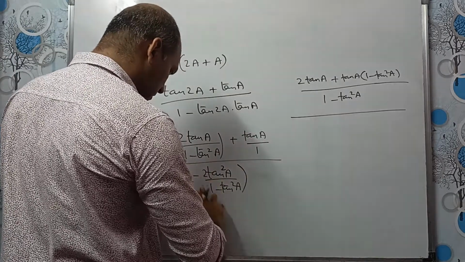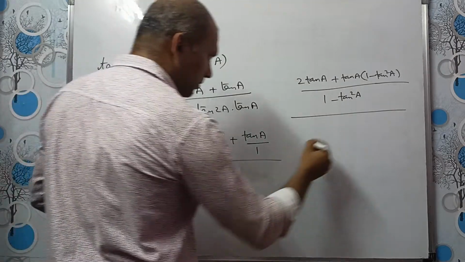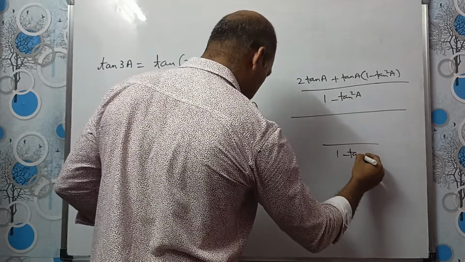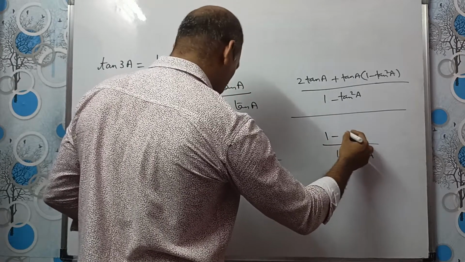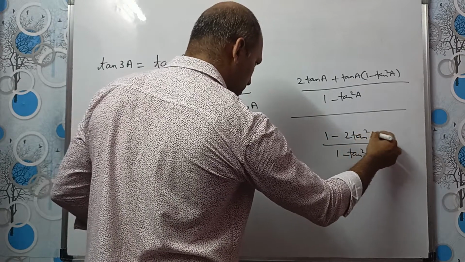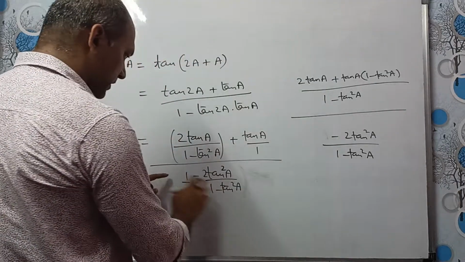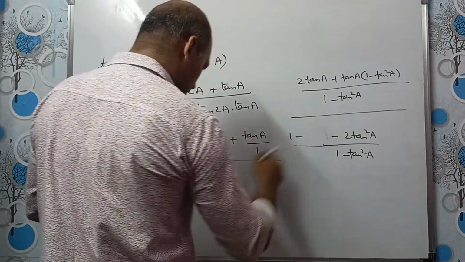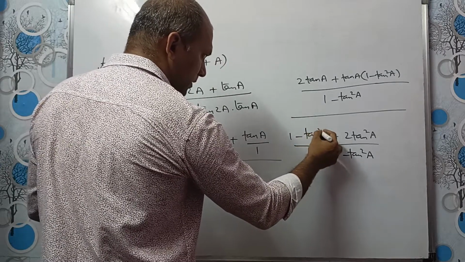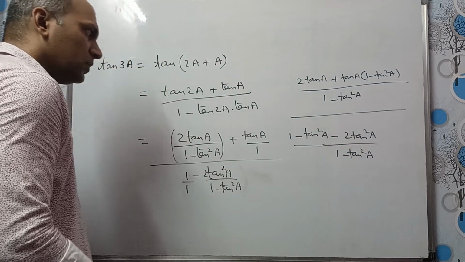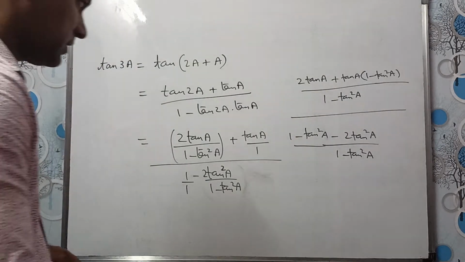Denominators are different: 1 minus tan square A and here 1 minus 2 tan square A. We need to cross multiply this, right? So this will become 1 minus tan square A minus 2 tan square A divided by 1 minus tan square A.